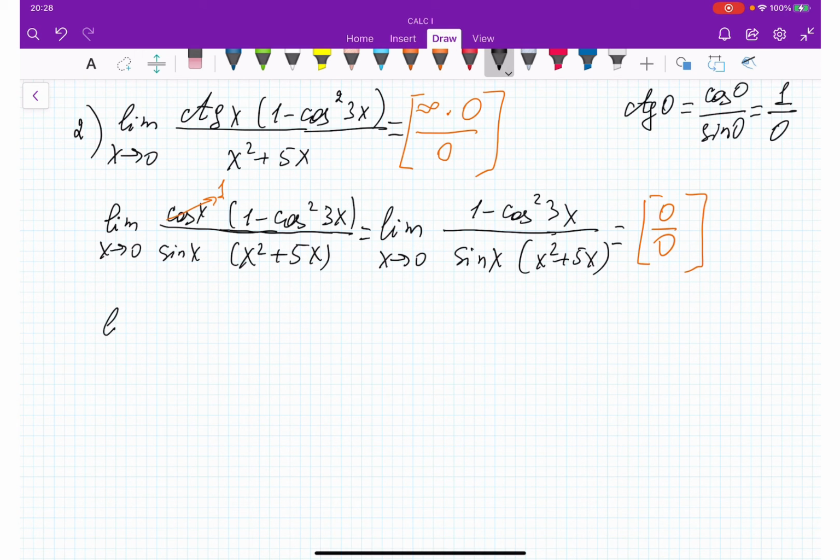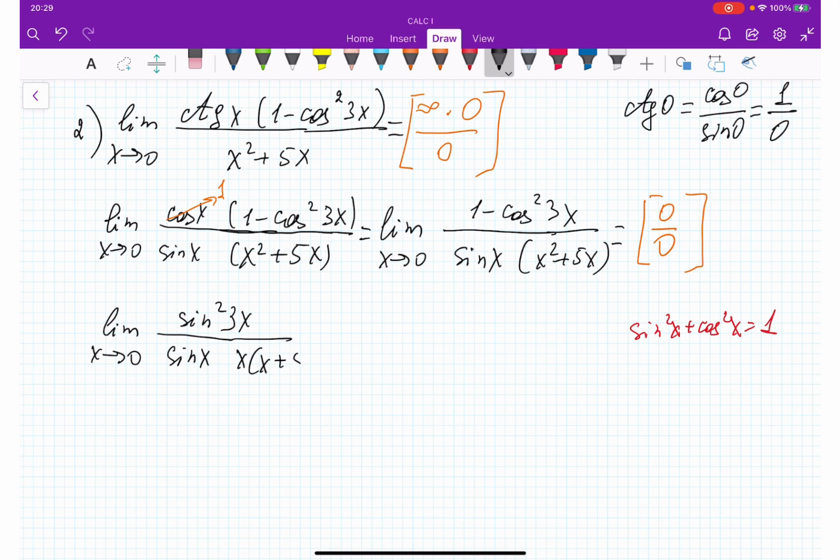So the limit as x approaches 0. We have 1 minus cosine squared, which is sine squared, yes? Because sine squared x plus cosine squared x is equal to 1, yes? Okay, so sine squared 3x, divided by sine x. And let's take this x out of parentheses.